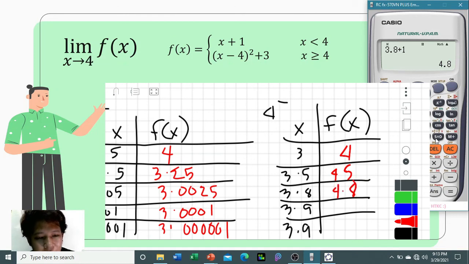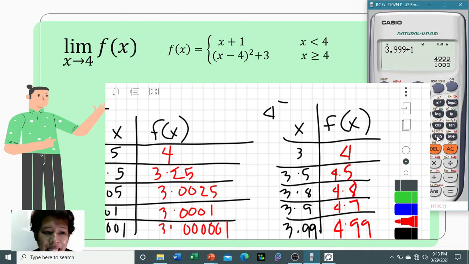And then if we have 3.9, that would be 4.9. And if we have, sorry, this is 3.99. If we have 3.99, then we would have 4.99. Now, if you really wanted to approach to 4, you may have 3.999 to which the function value will be 4.9999. To which, kung mapapansin natin, it approaches 5.